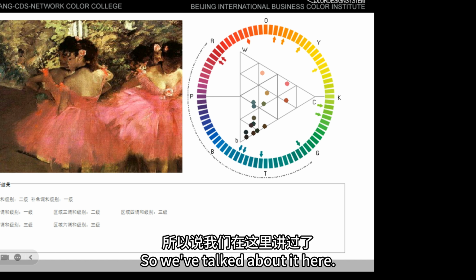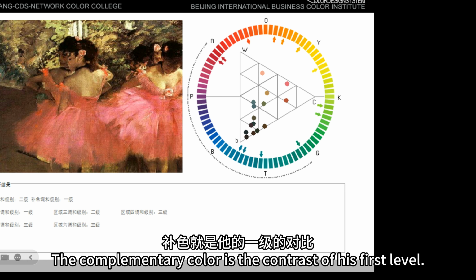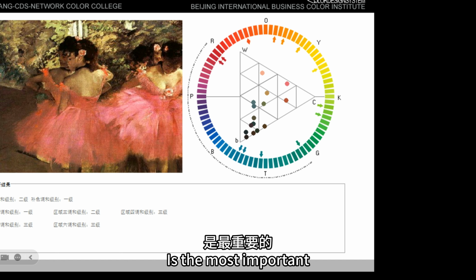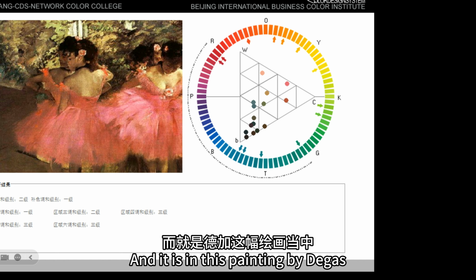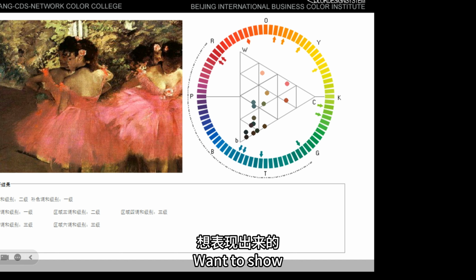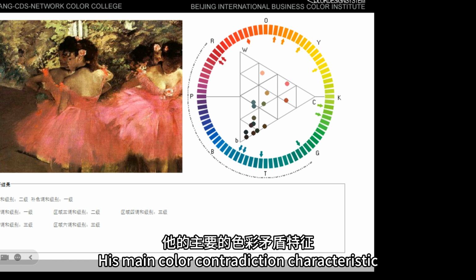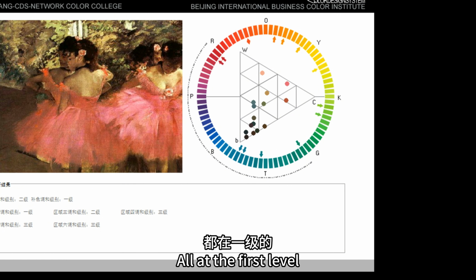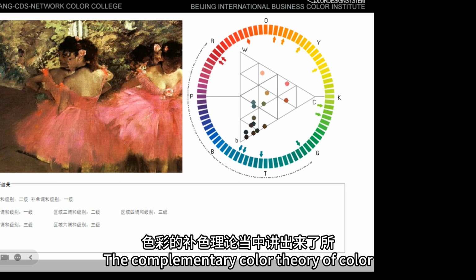So we've talked about it here. The complementary color is the contrast of his first level. It is the most important. And in this painting by Degas, he wants to show his main color contradiction characteristic and color language, all at the first level. The complementary color theory of color.